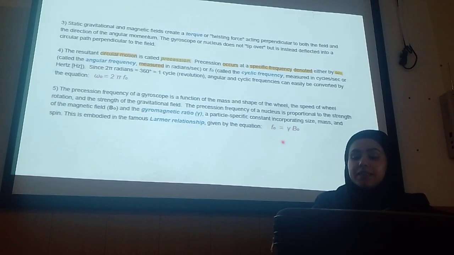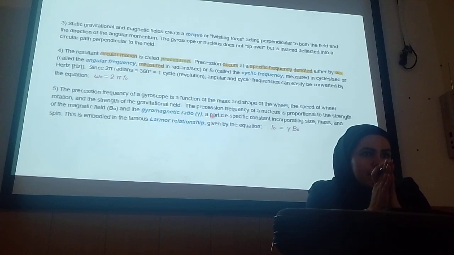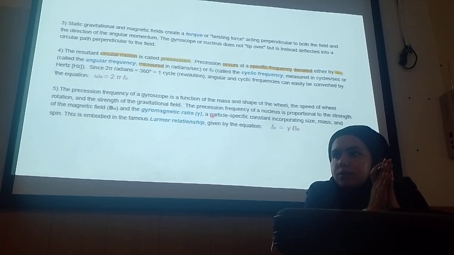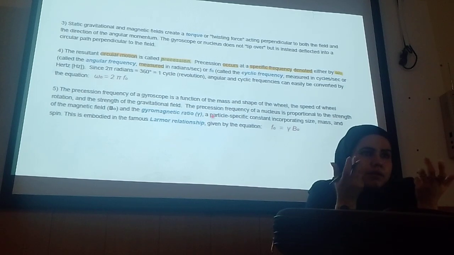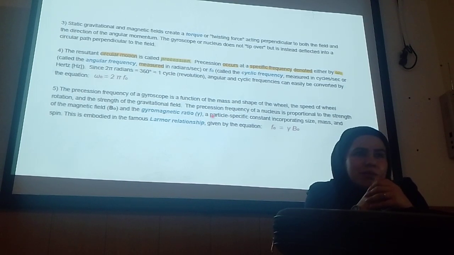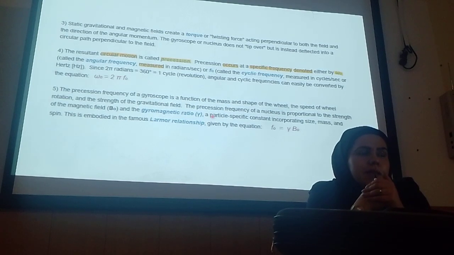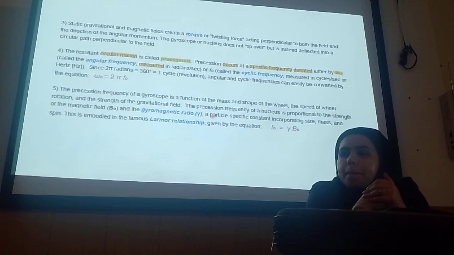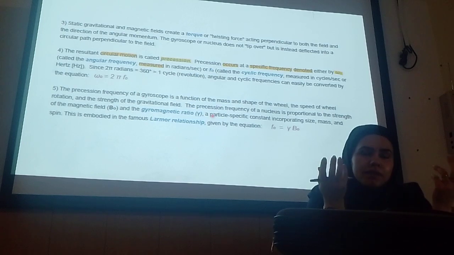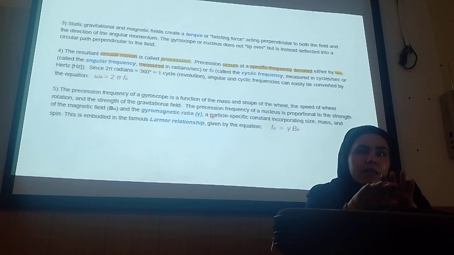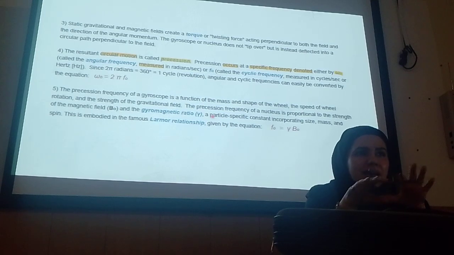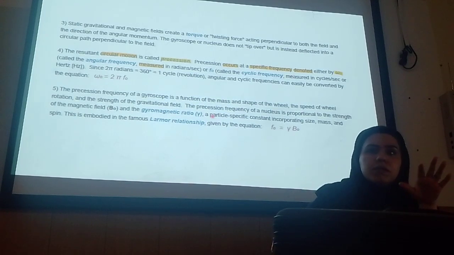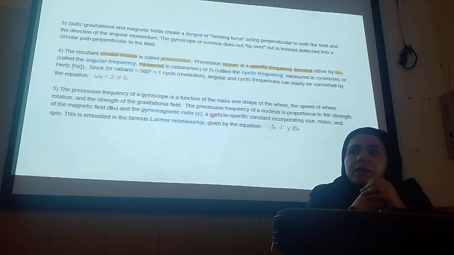Based on the formula, we expect to have the same frequency for all hydrogen. But experimentally it's not true. We have a phenomenon called chemical shift. As I told you, the precession frequency depends on the strength of the magnetic field. We expect to have a completely homogeneous magnetic field within our body or within the interior volume of the bore magnet.